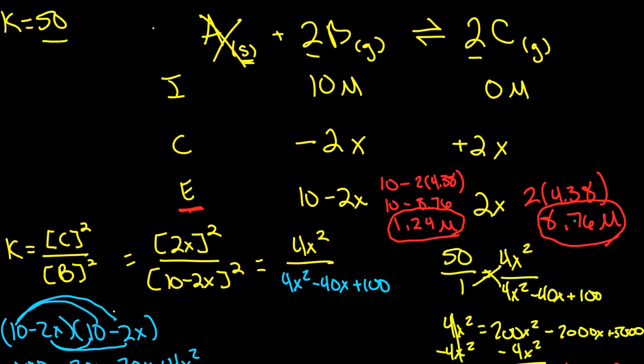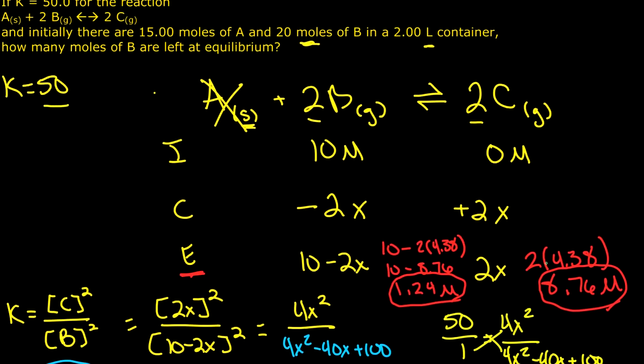And now our question asked, how many moles of B are left at equilibrium? This is concentration of B at equilibrium. We're looking for moles. So if you remember, to get moles from molarity, we can just use the molarity formula. Molarity equals moles over volume. Well, the molarity is 1.24.